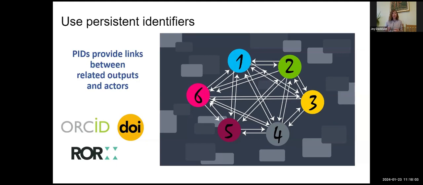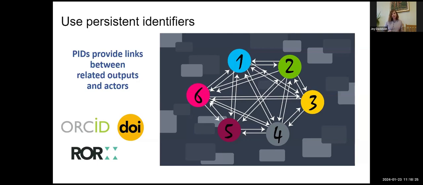So again, using things like DOIs. But as you've already heard in the discussions today, looking at ORCID and RORs, these different kinds of identifiers help to build a bigger picture between the actors as well. So it can be the researchers through their ORCIDs, it could be their organizations that they're working for through the RORs.